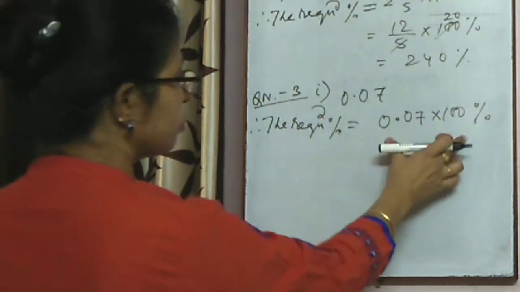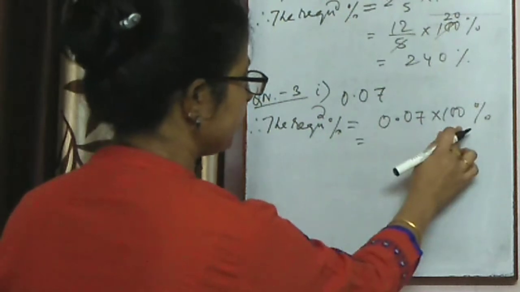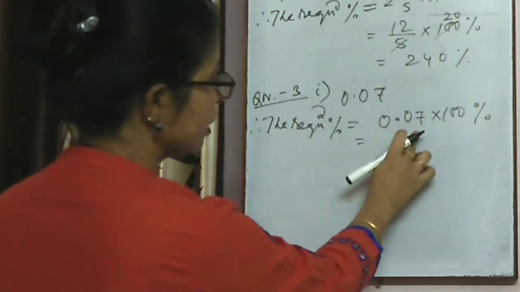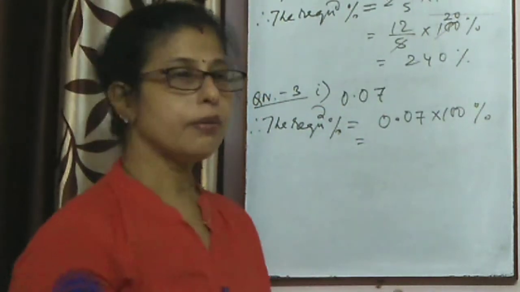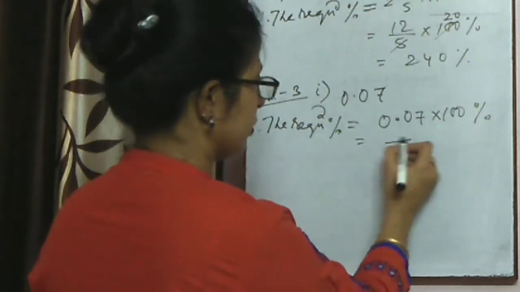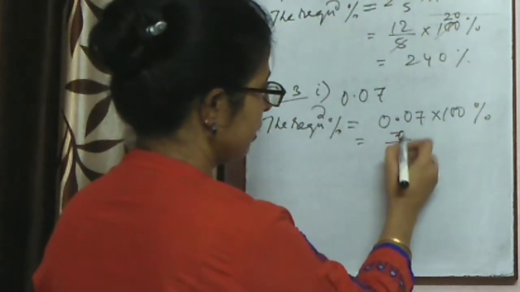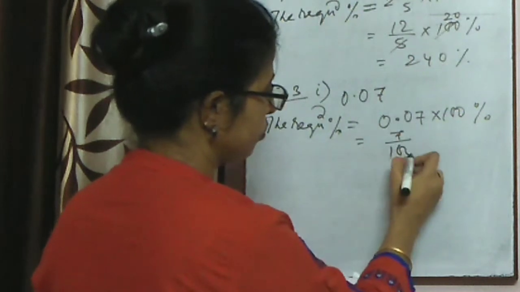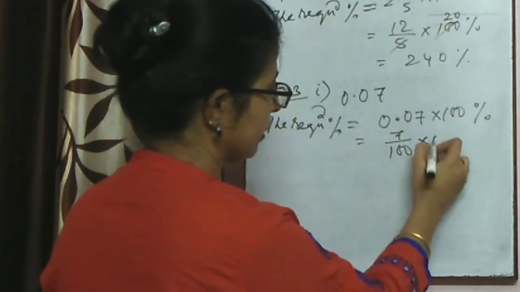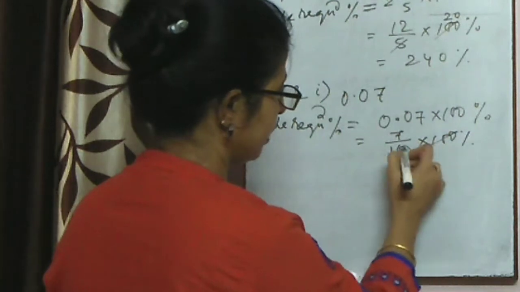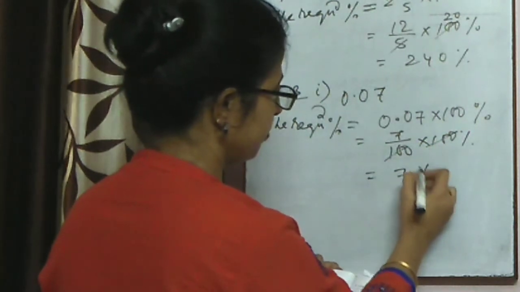Now here we have two ways. Directly you can multiply and get the answer, or this number you can convert into fraction, like here I am showing you by fraction. 7 by, if you remove the decimal, what would it be? 100. Both the hundreds are cancelled, 7%.